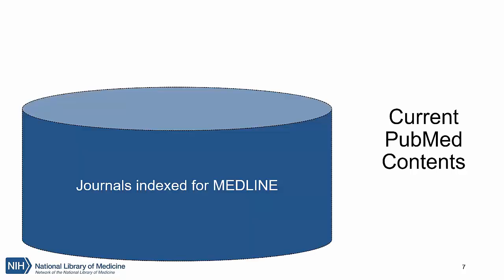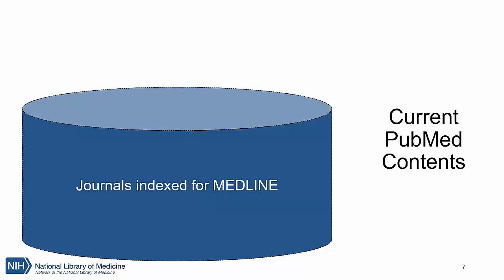Medline is the largest component of PubMed, as represented by the big blue disk on this slide. Medline consists primarily of citations from journals indexed for it. It does not include the full text of those articles. However, links are often available to other sources with the full text, like publisher websites and PMC.